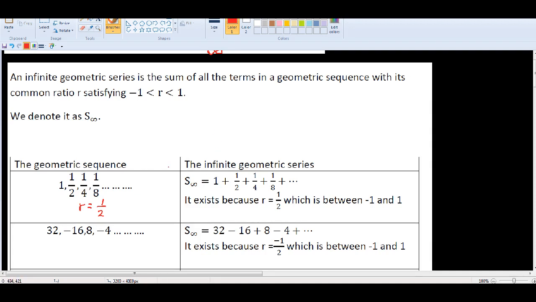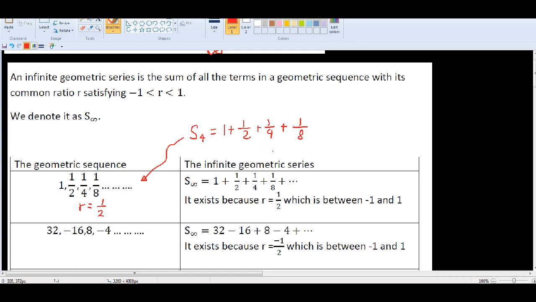All right, if we are talking about S4, then we just add the first four terms of the sequence. If that's Sn, like what we learned in the last video, we add all the terms up to the nth term. But for S to infinity, that means we add them forever. But you can't do it unless the common ratio is less than 1 and greater than -1.